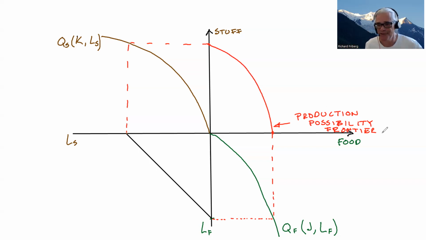bowed shape, this curvature, concave, if we want to use a fancy word. What's going on with that? Let's just give some intuition for that. Well, let's start here. Start from a position, just pick a random point here. We're starting from a position where almost everyone is working in production of food.